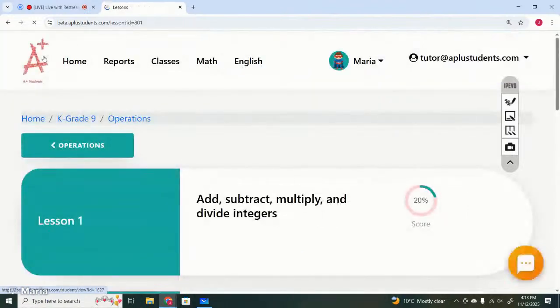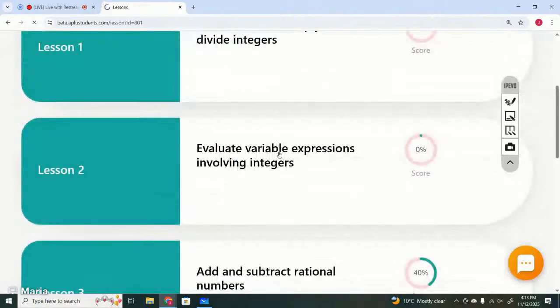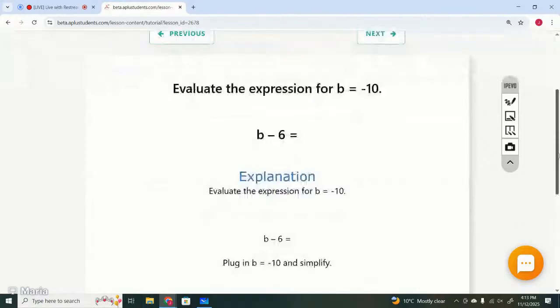The next lesson is evaluate variable expressions involving integers. Evaluate the expression for b equals negative 10. Just replace the variable b with the value, that is negative 10.